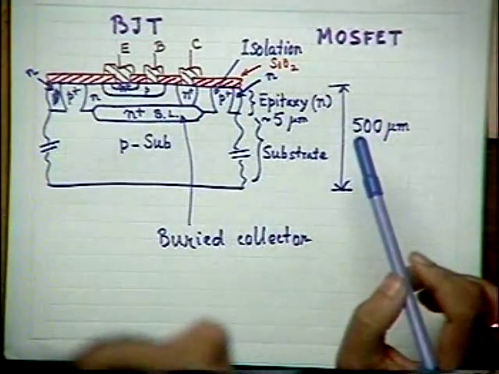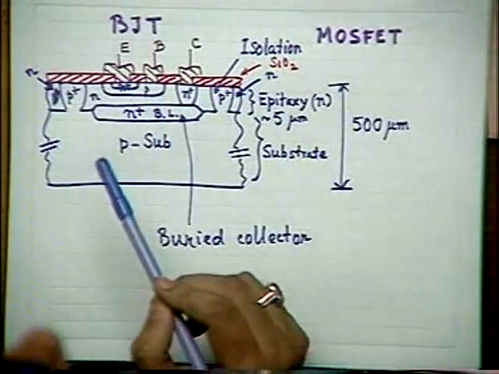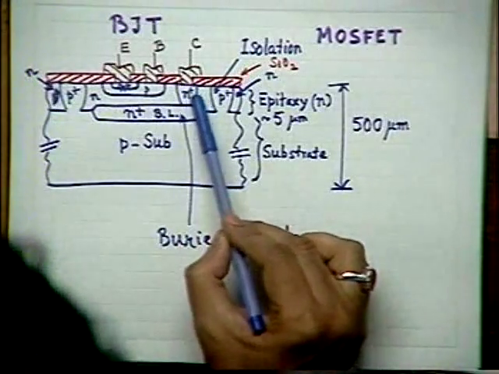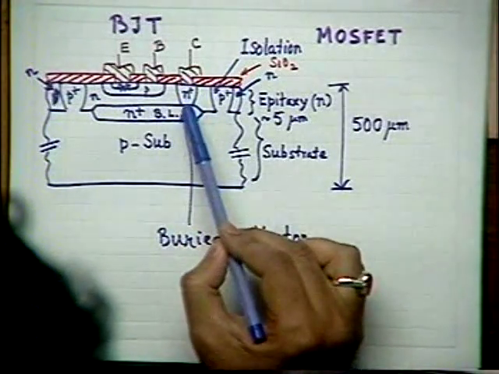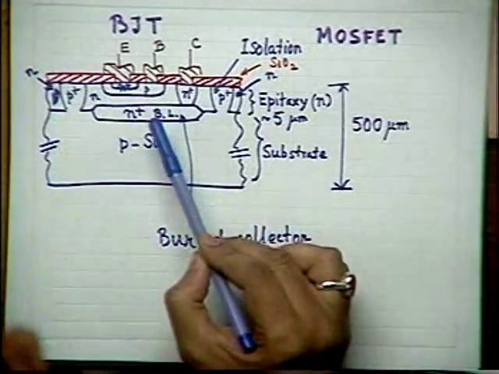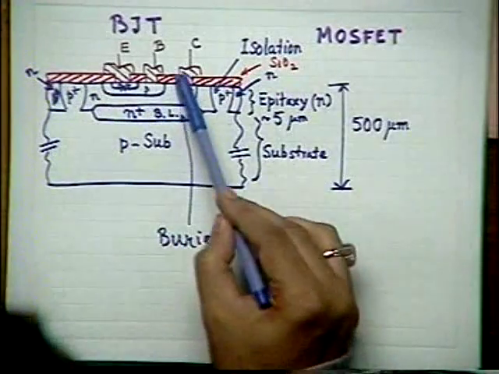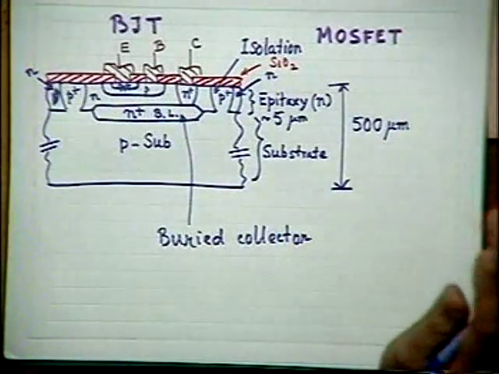Why is it necessary? Simply to reduce the series resistance of the collector. If I do not have an N plus diffusion from the surface down to the buried layer, so that the N plus buried layer is connected by that diffusion, the series resistance of the collector will be appreciable, which is not good.